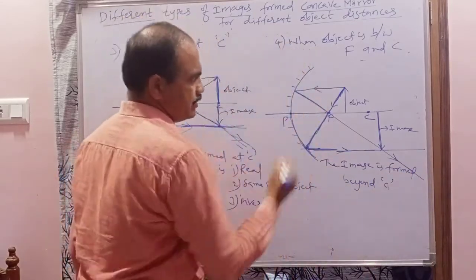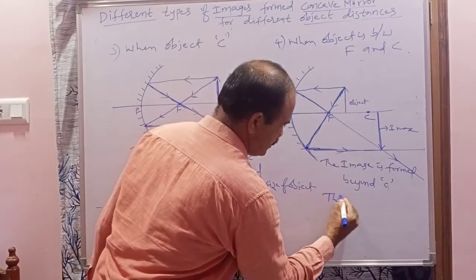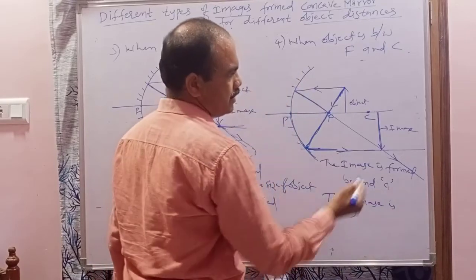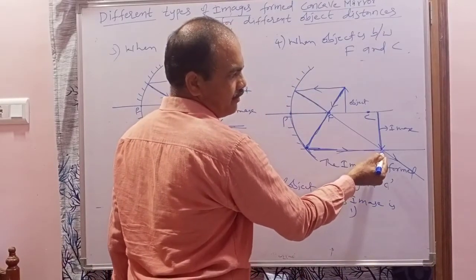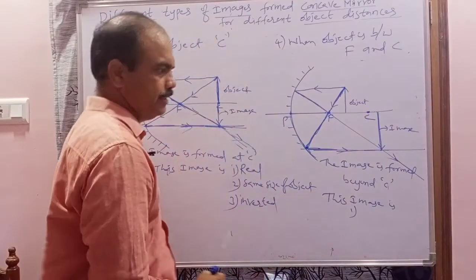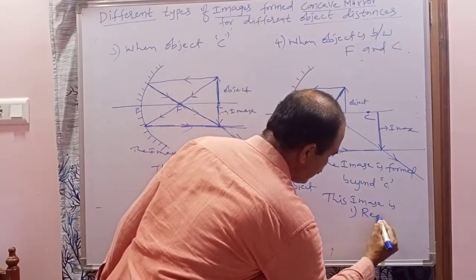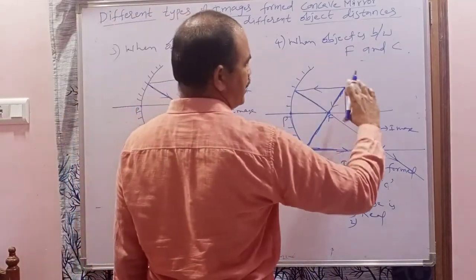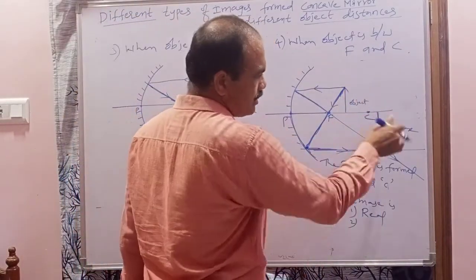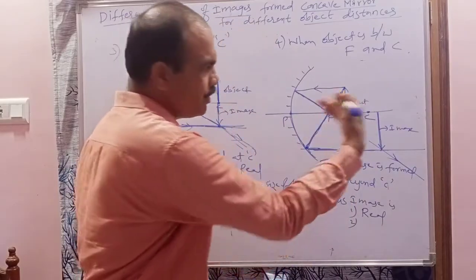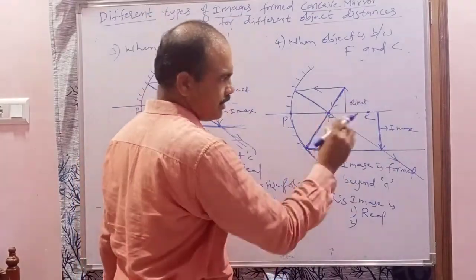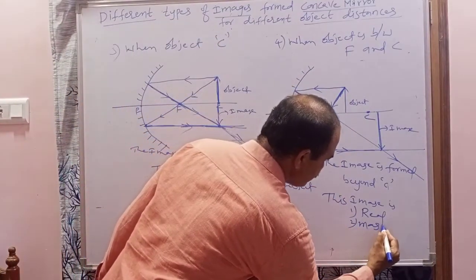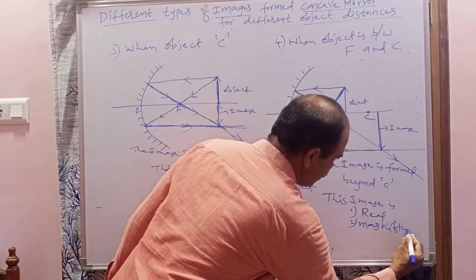Now come to the characteristics. What are the characteristics of the image? First, this image is formed because the reflected rays are intersecting really, so this image is called real. Second, come to size. This is the size of the object and this is the size of the image. The size of the image is more compared to the size of the object, so this type of image is called magnified.